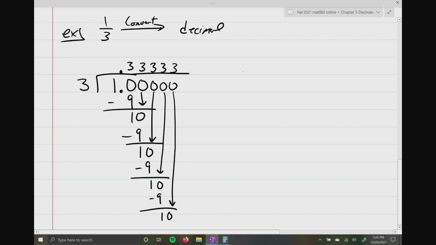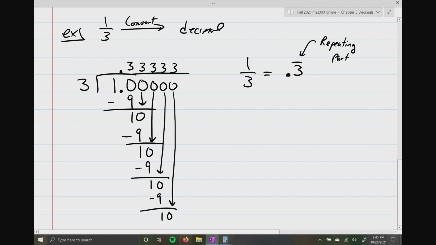So what we say is 1/3 is equal to 0.3, and then we put a bar above the 3, and that bar stands for the repeating part of our answer, okay? So we say 1/3 is equal to 0.3 repeating. And that just means that 3 just repeats endlessly.